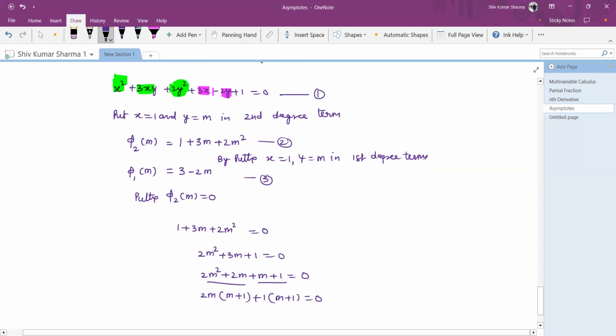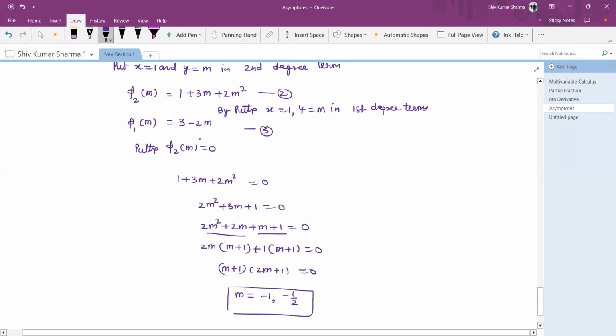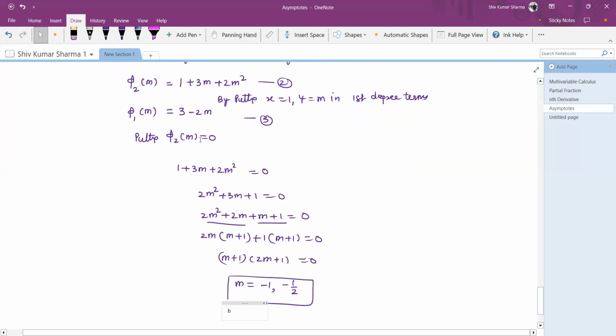The factors are m plus 1 into 2m plus 1 is equal to 0. So m gives us minus 1 or minus 1 by 2. The roots are real and distinct.